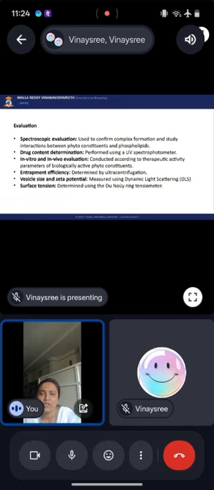Next, entrapment efficiency also will be determined by ultracentrifugation. Vesicle size and zeta potential will be determined by dynamic light scattering, and surface tension of the phytosomes will be determined by using the Du Nouy ring tensiometer.